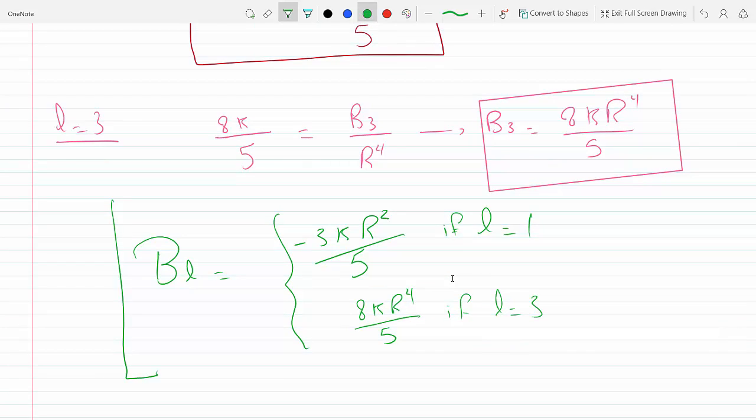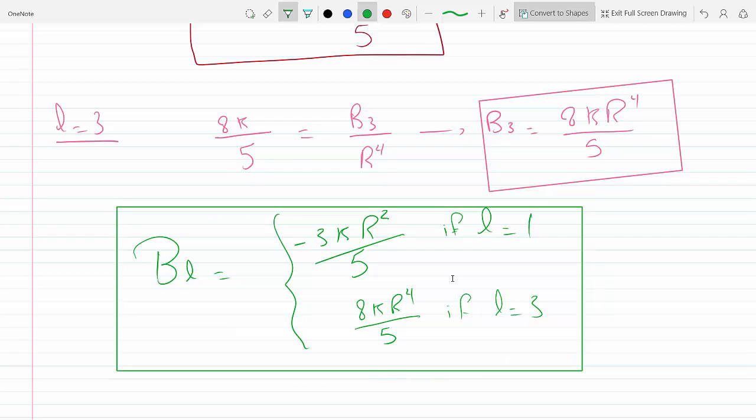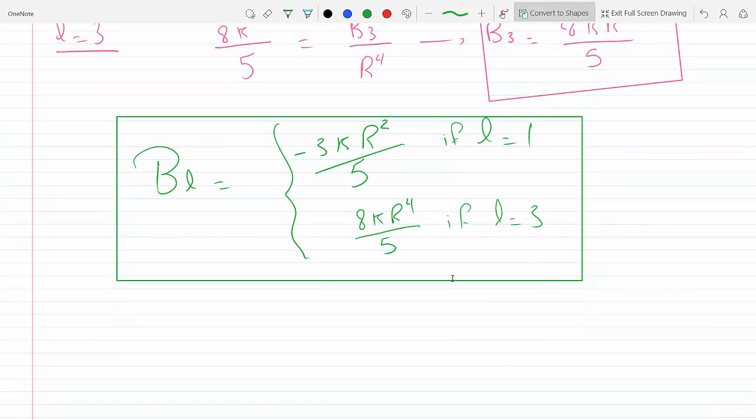So these are my B coefficients. And now I can plug that into my outside potential to find out what my potential is.